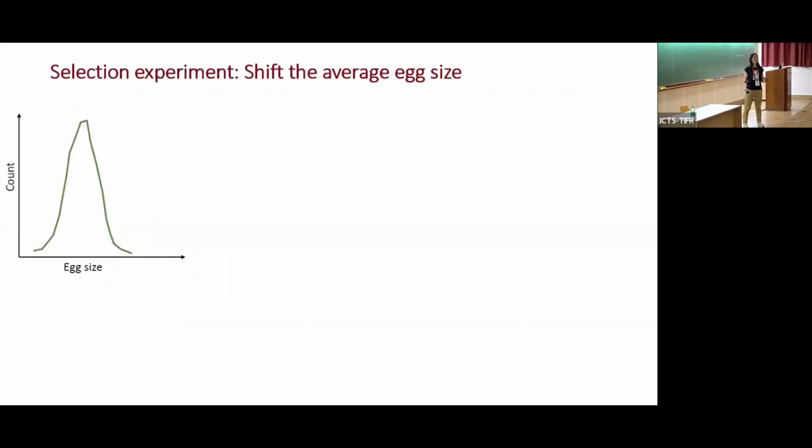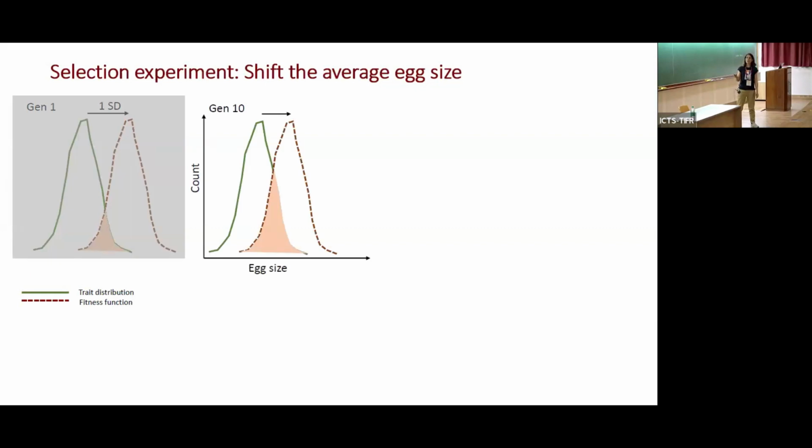And the way we do this selection experiment is that we phenotype the founder population. We have this fitness function that is fixed throughout the whole experiment and does not move. And then we choose the embryos that fall under our new fitness function. After 10 generations, our fitness function does not move, but the distribution of our trait, our egg size, has shifted towards our new mean.